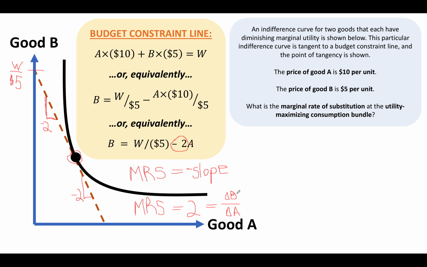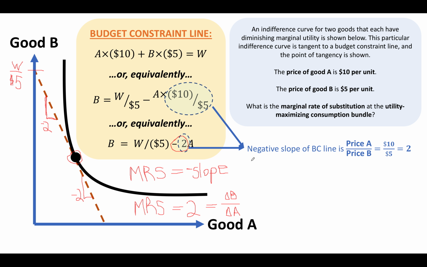So that's how much I'm willing to substitute. I value B such that 2 units of B is worth 1 unit of A. So I don't value B as much as A, but I do value it, and I value it so much that 1 unit of A is worth 2 units of B. That's what an MRS equal to 2 is. 1 unit of the x-axis is worth 2 units of the y-axis. Okay.